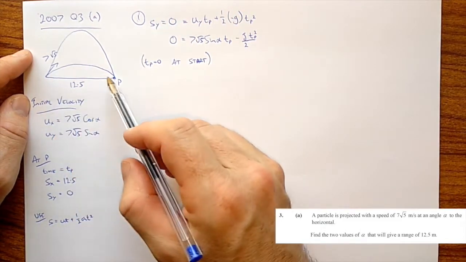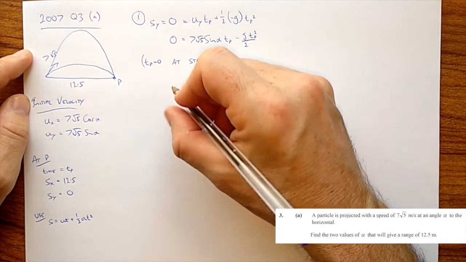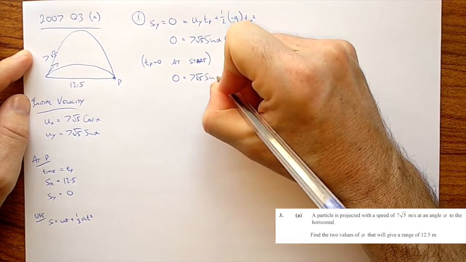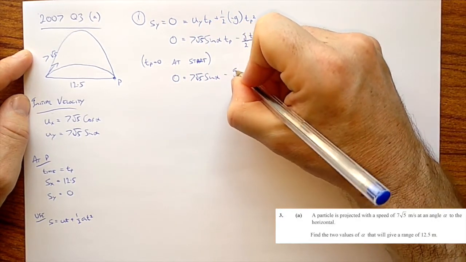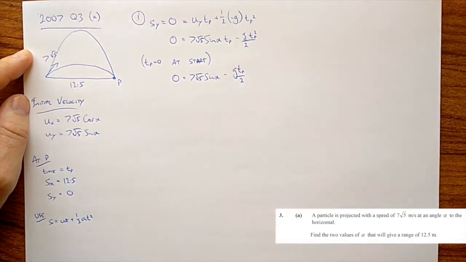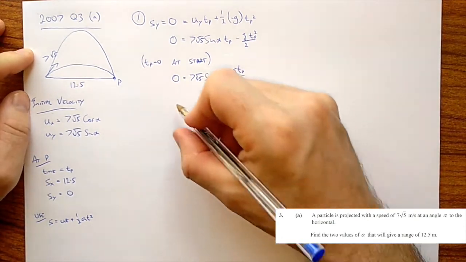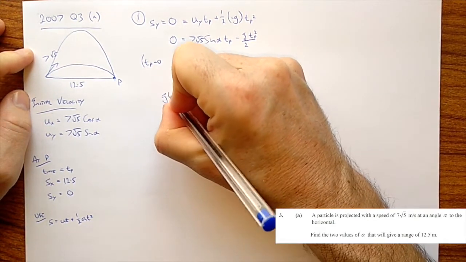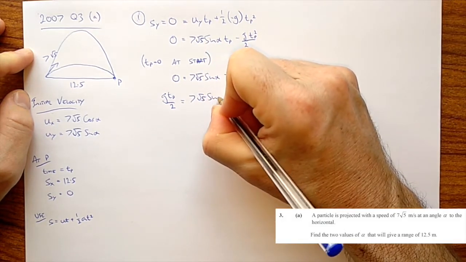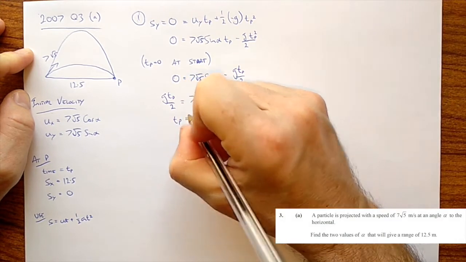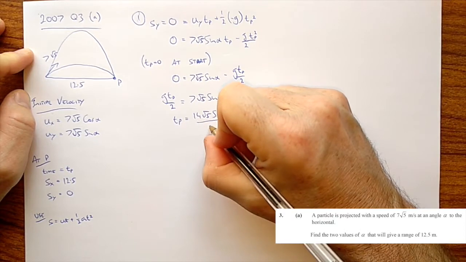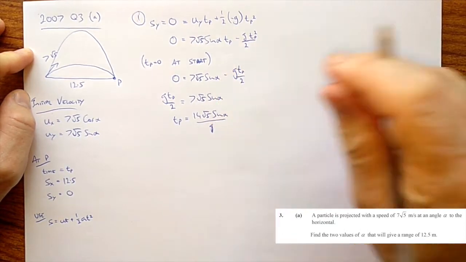This isn't relevant to our question, we're worried about P, so we can lose that one altogether. So we now have 0 equals 7 root 5 sine alpha minus g Tp over 2. A little bit of rearranging, and we get this in terms of t. We have g Tp over 2 equals 7 root 5 sine alpha, so Tp equals 14 root 5 sine alpha all over g.